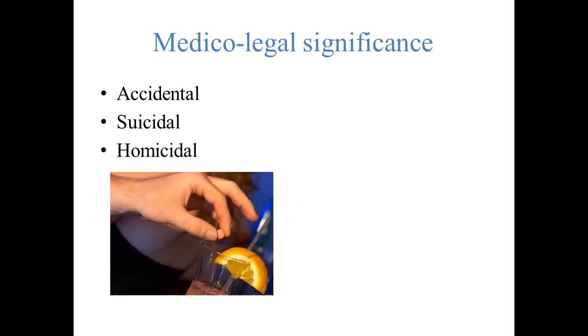A person can have his or her drink drugged with benzodiazepine, and when they consume it, they go into unconsciousness, and it causes amnesia. So when the person is sexually assaulted in the period of being unconscious, and when he or she comes back to consciousness, he or she will not be able to recall anything that happened. So this is a very commonly used drug for facilitating sexual assault.